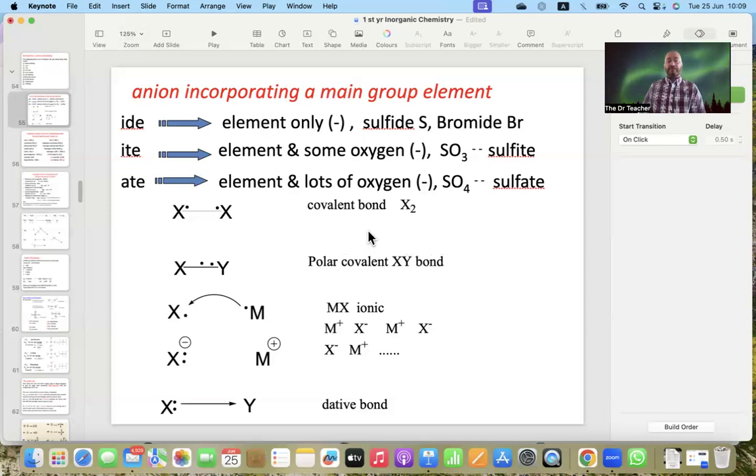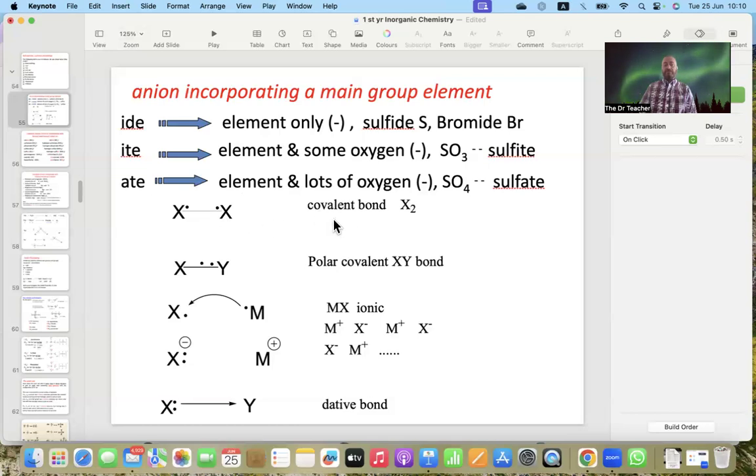They are X2, like Br2, I2, Cl2. So the bond between them is a covalent, shared bond, so there is no electronegativity change in both atoms.